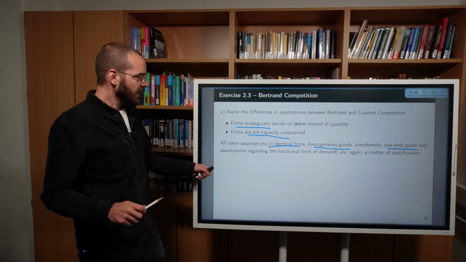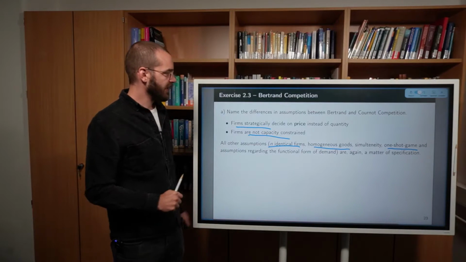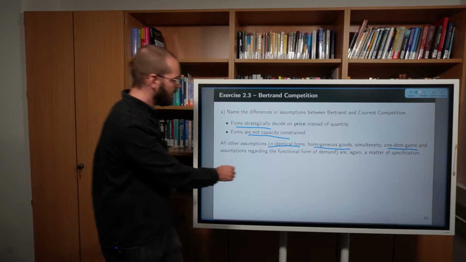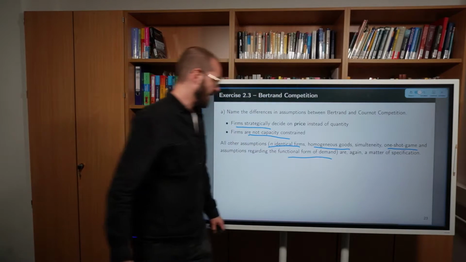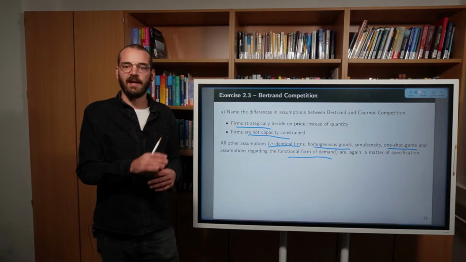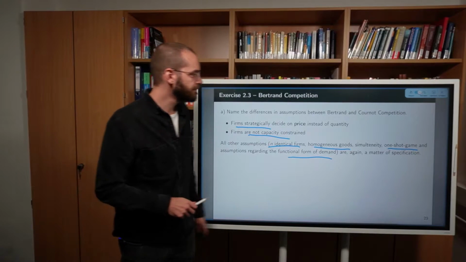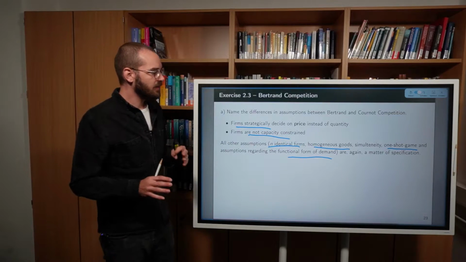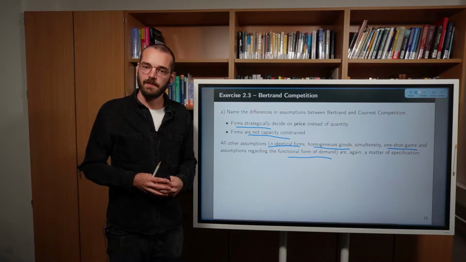And again, as you saw on the previous slide, we will assume that we have a linear demand function. Okay. All of these assumptions are, of course, a matter of specification.